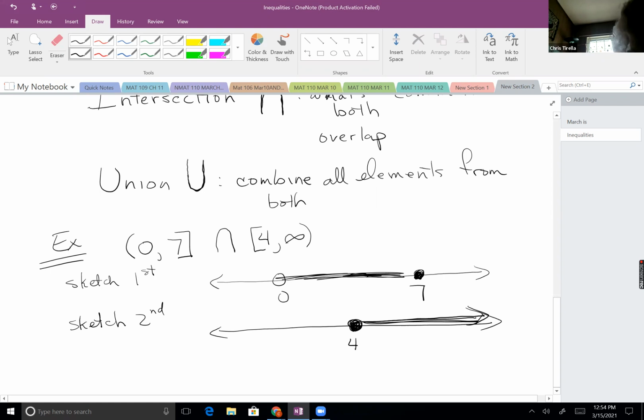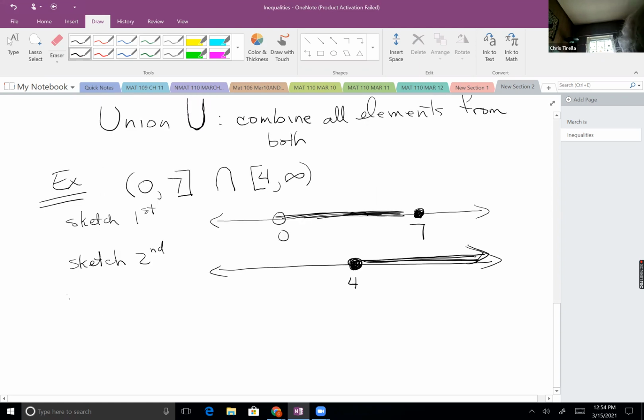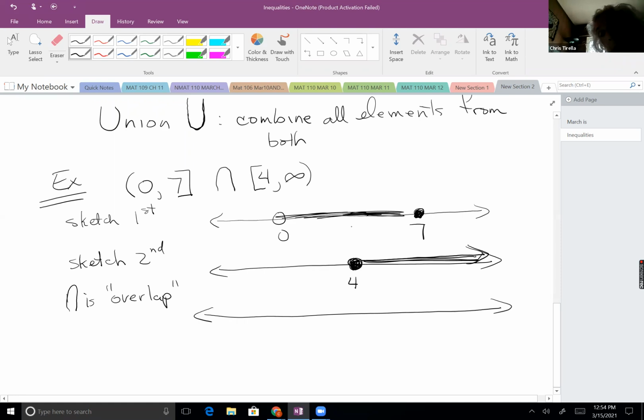And then what I like to do is find the intersection, which is the overlap of those two intervals or what they have in common. And so what they have in common would be everything from 4 to 7.